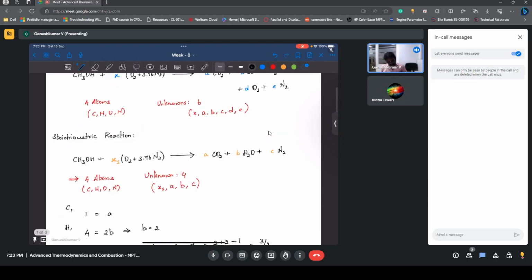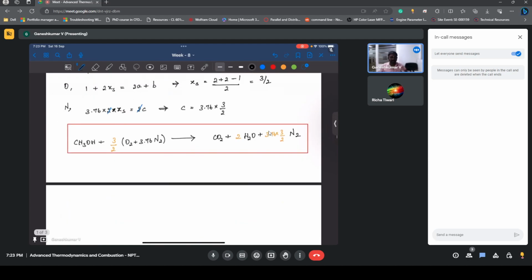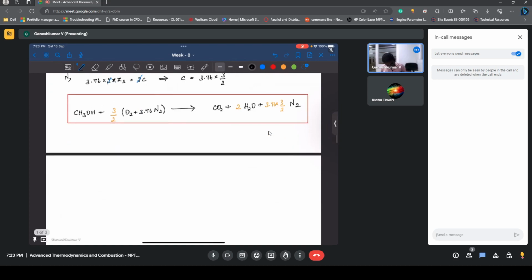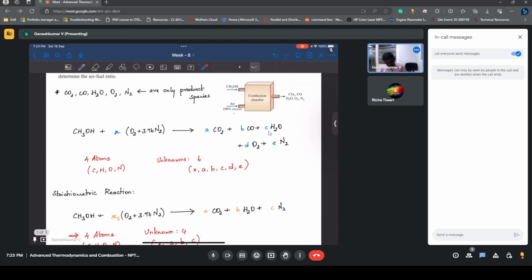Now what the question said is I have 100% excess, right? Which means twice the amount of air I have. So if that is the case, 100% excess air, how would you reframe the reaction? So it's going to be CH3OH. Now we already found this X basically.